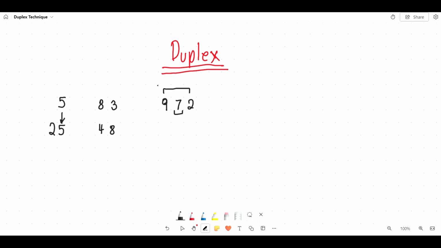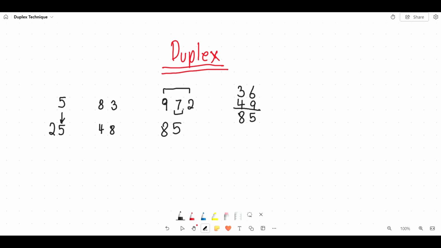So if you realize, we just used the same technique we use for 2-digit number for these two digits on the outer end. So 9 times 2, 18, 18 times 2, 36. And 7 squared, because we're treating it like a single digit, 7 squared is 49. So when you add the two, you have 85, and that is the duplex of 972.